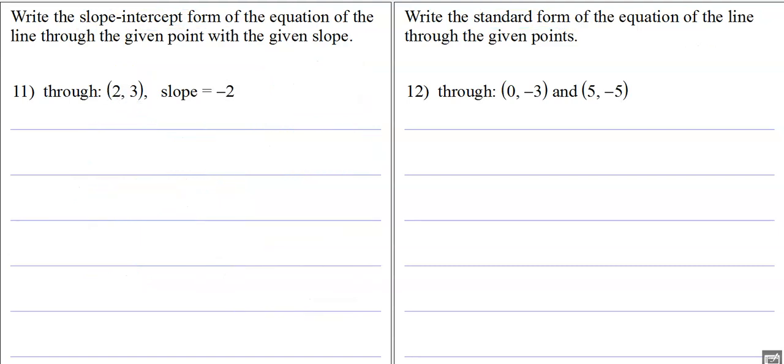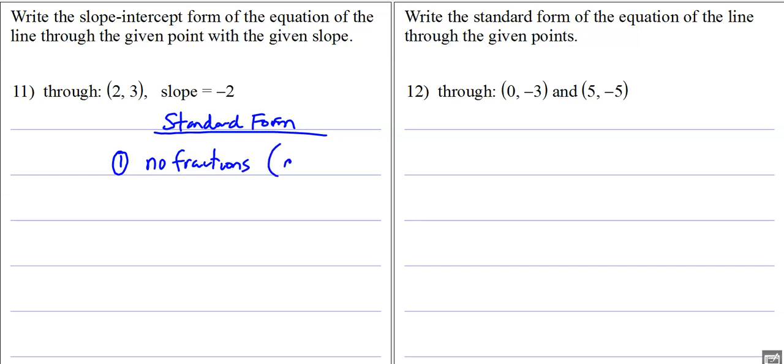A couple things that you need to know about standard form. There are basically 3 things. Standard form. Number 1, no fractions. So we're going to have to clear the fractions if we have them. Number 2, we need to get x and y on the same side.